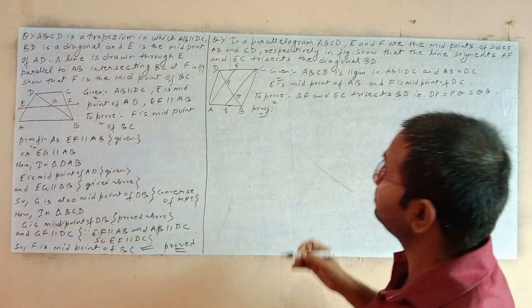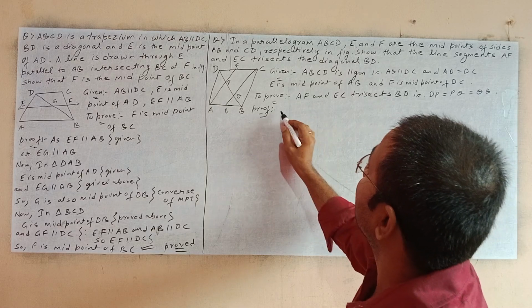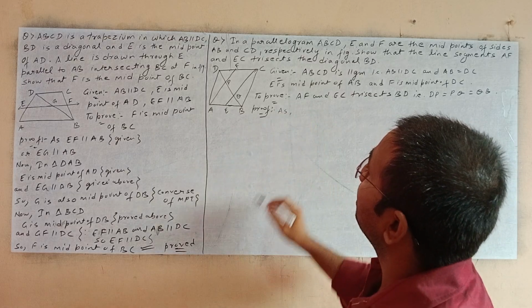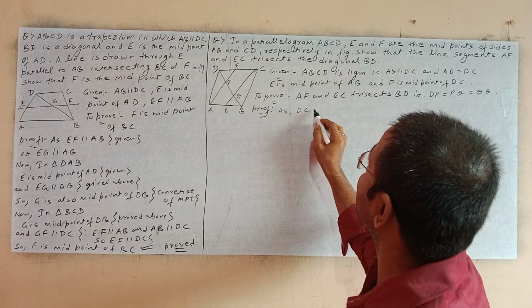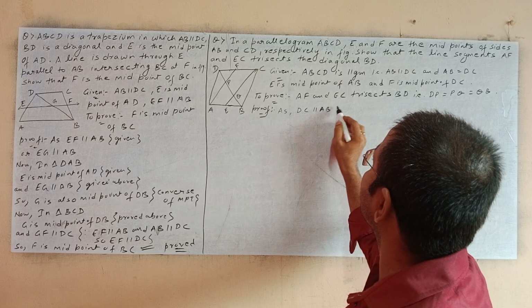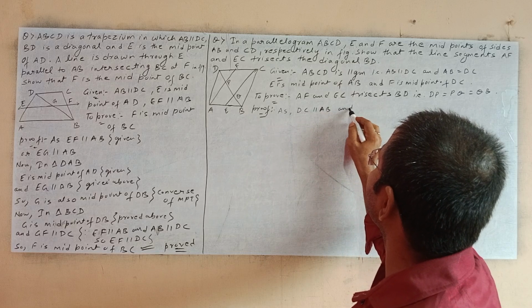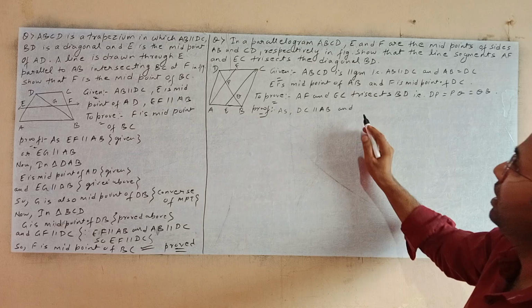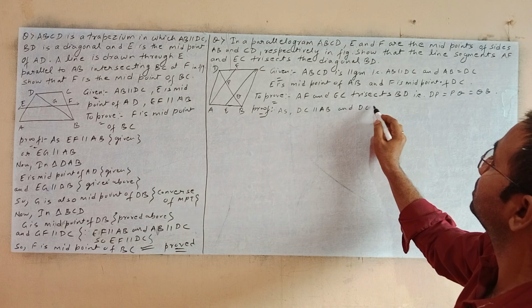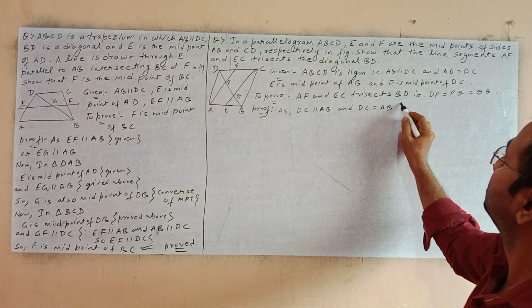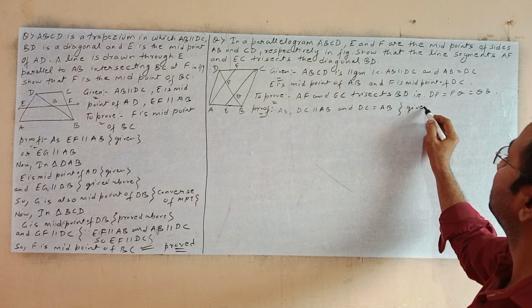Now let us write here. So what will you write here? As DC is parallel to AB, and DC is equal to AB, it is given.